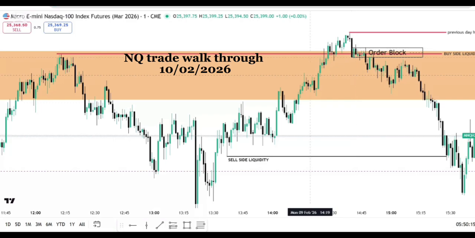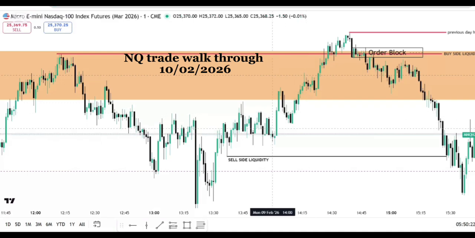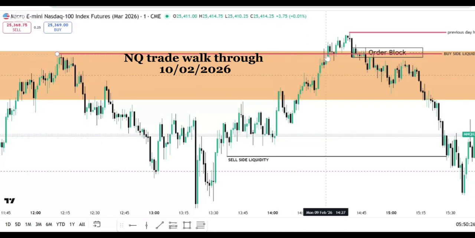That's why I took this trade confidently, and it played out. The moment I reached the buy side liquidity, I had to take it off. I had to cross it completely. Then I waited for price to react and show me some sign of reversal before taking the trade.